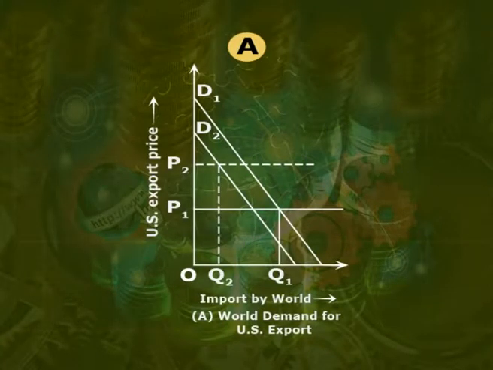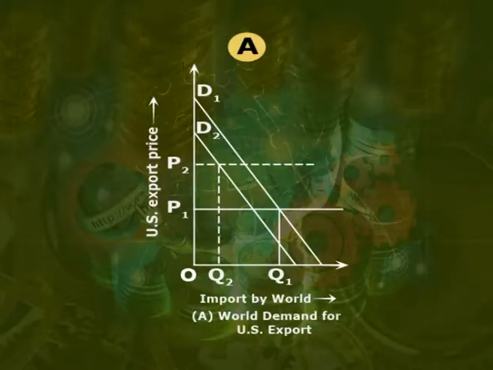In figure A, we have elastic demand curves, that is, greater than unity, to indicate that the rest of the world has substitutes for American exports or alternative markets in which to purchase similar goods and services. This means that the rest of the world is rather sensitive to slight changes in American export prices.